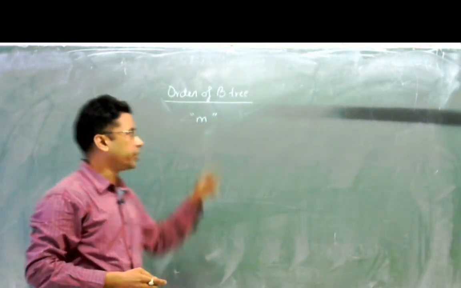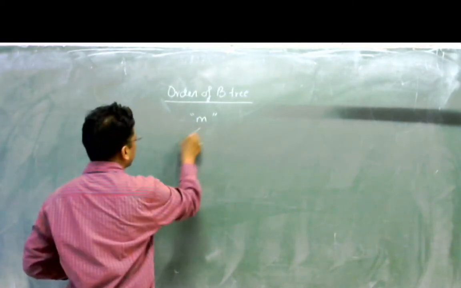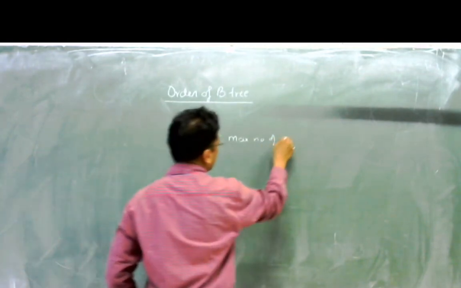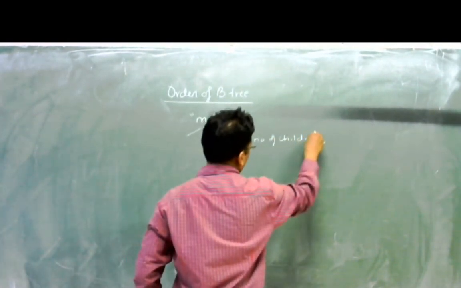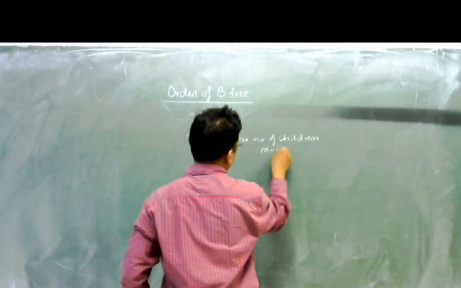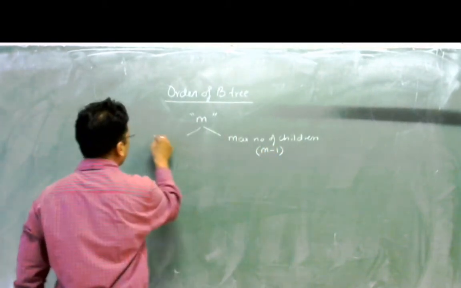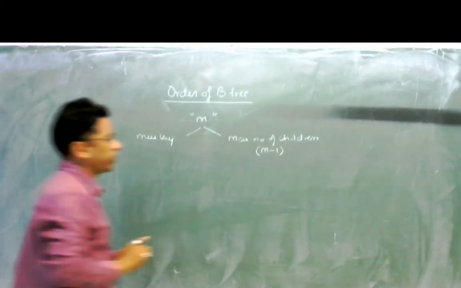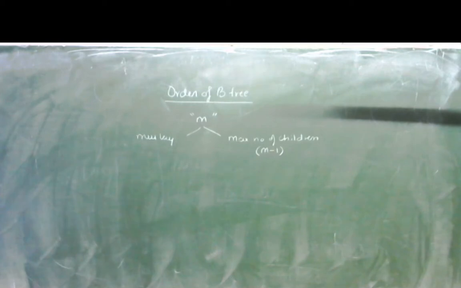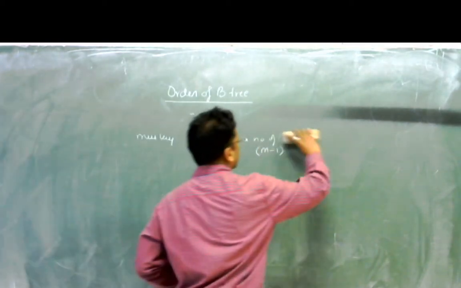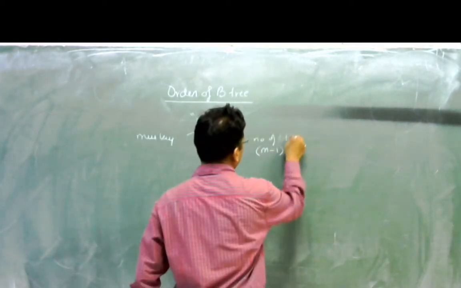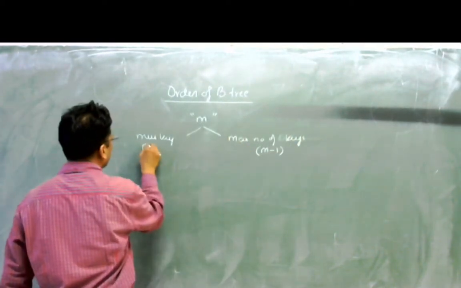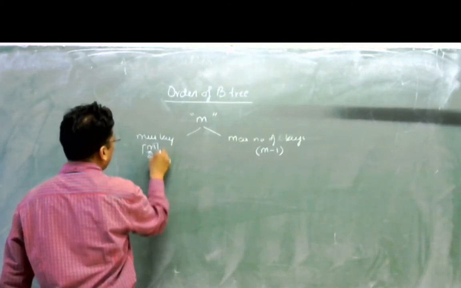When the order is m, then the maximum number of keys is equal to m minus 1, and the minimum is equal to m by 2 minus 1.